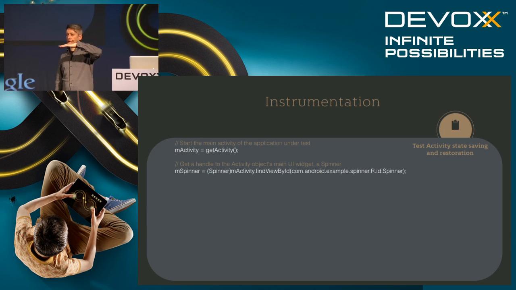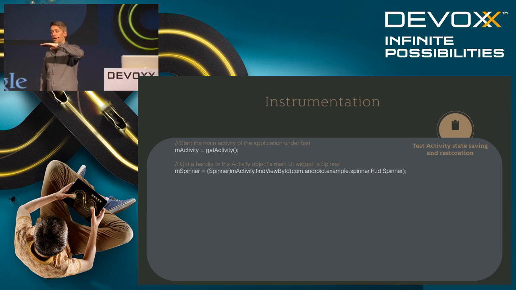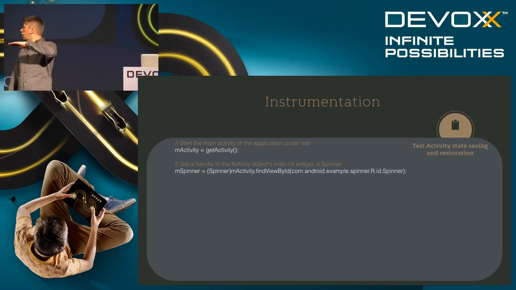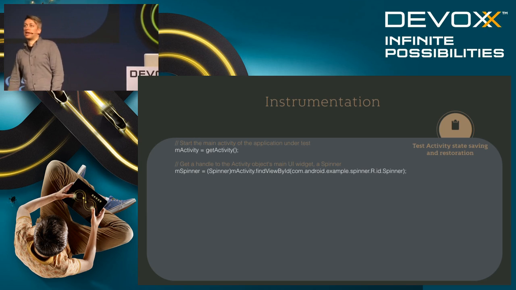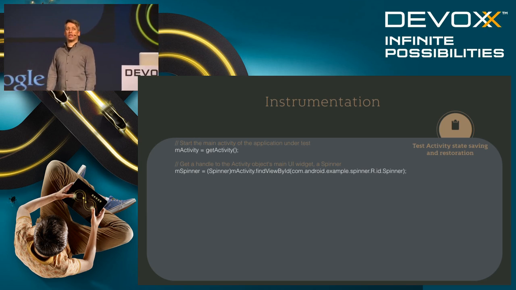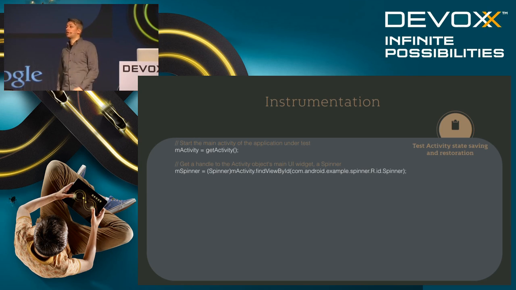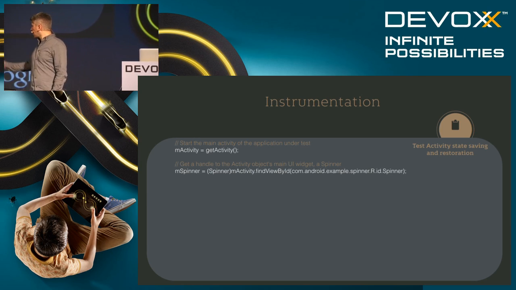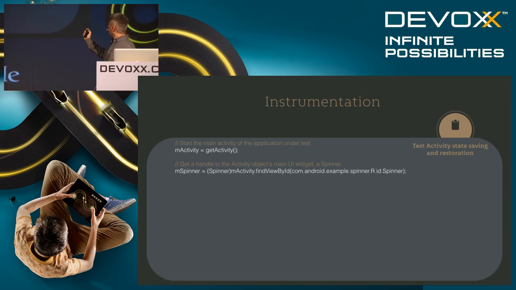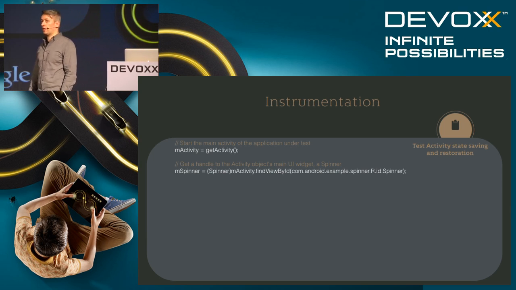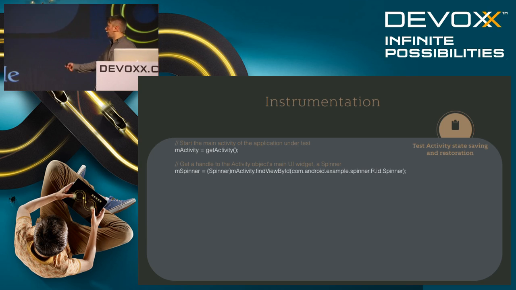Of course, when the user changed orientation, he still wants to have the same selection. That means, and I suppose everybody that has done a little bit of Android development knows, that you can do state saving and state restoration. So this is what we are going to test here. Is the selected item saved well, so that after the orientation change, the same item is still selected?